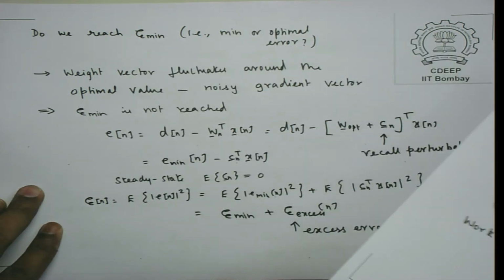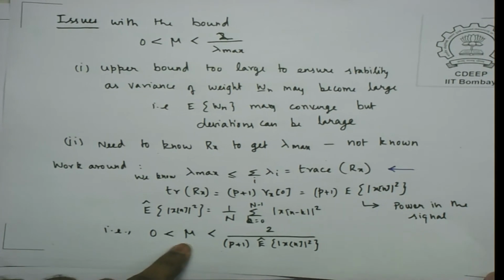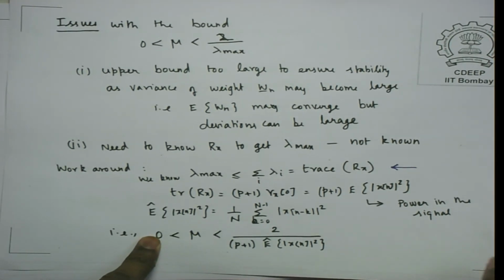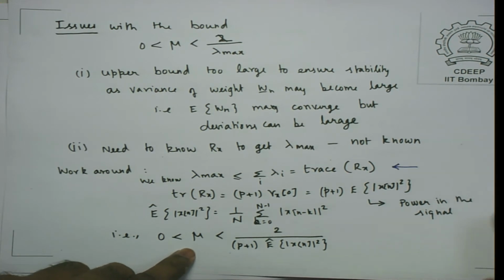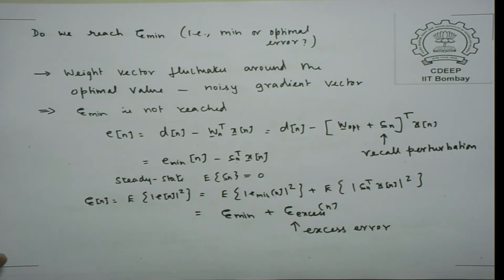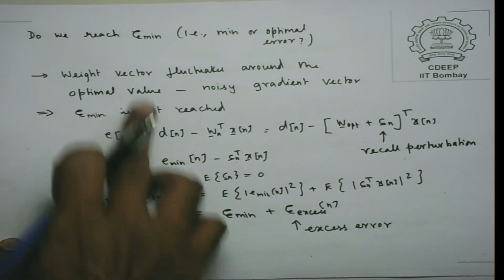So we will just check, even if we choose this mu to be some bounded value, what happens to the minimum error. We know in the Wide-sense stationary case, the minimum error has to be that zeta minimum error, but do we reach that zeta minimum? That is something we want to answer.